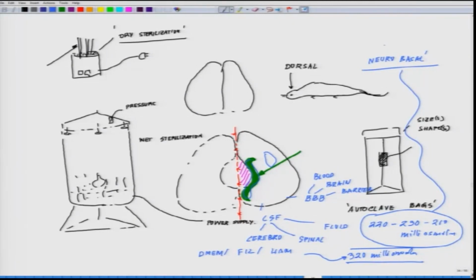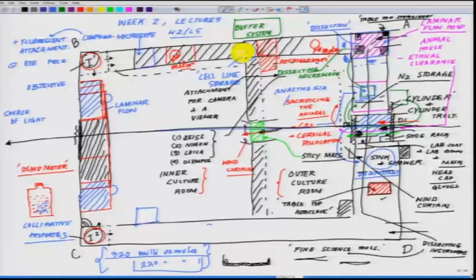These are hovering around 220 to 215 milliosmoles. So this is something you may need to check from time to time: the osmolarity value of the medium you are using. You just take a small sample of the medium in an Eppendorf tube in a sterile manner and test it.